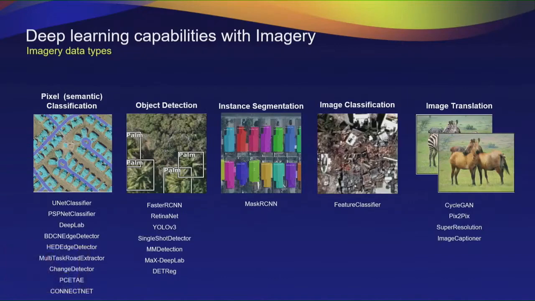When I come to imagery, there are 8 or 9 models which can be used for pixel segmentation, object detection, instance segmentation, and image classification. These are under deep learning.